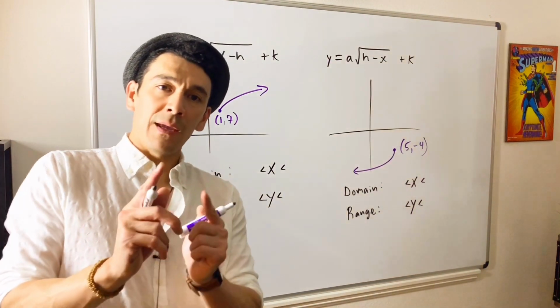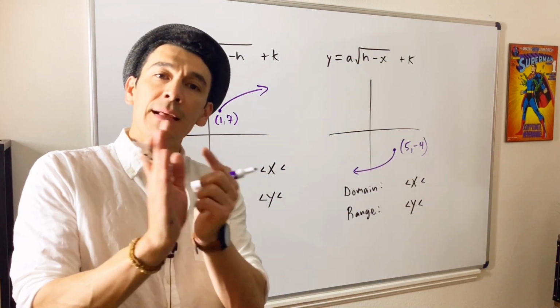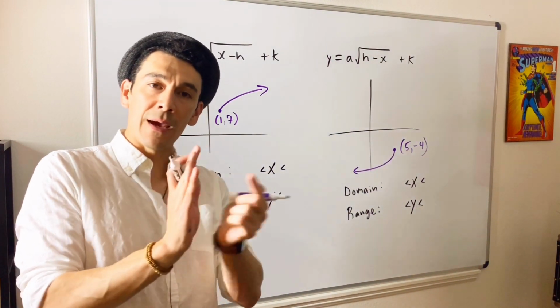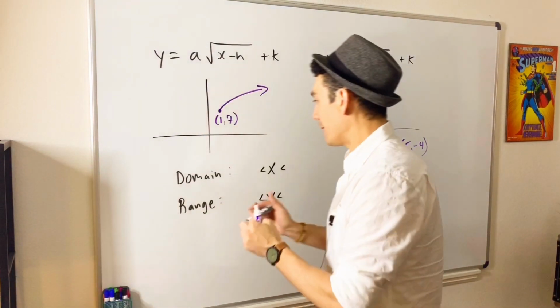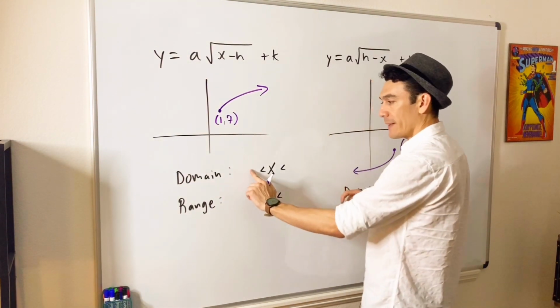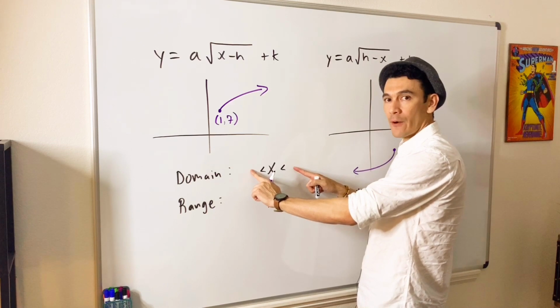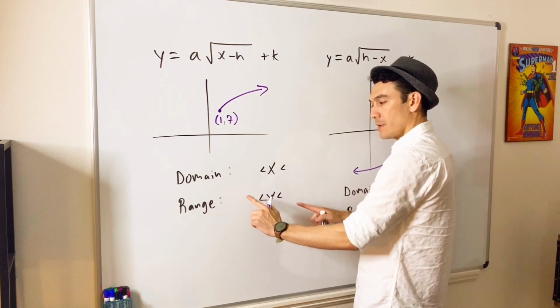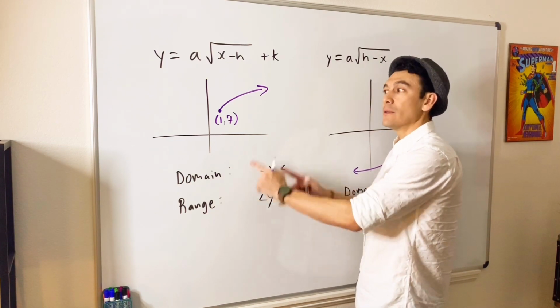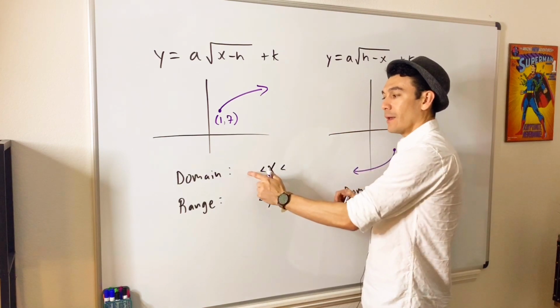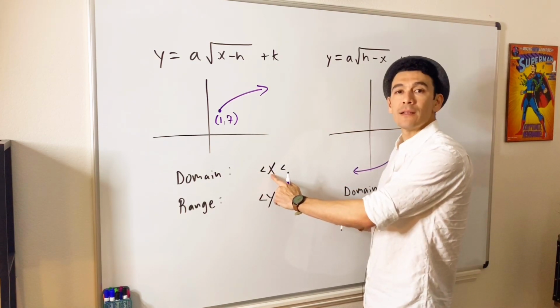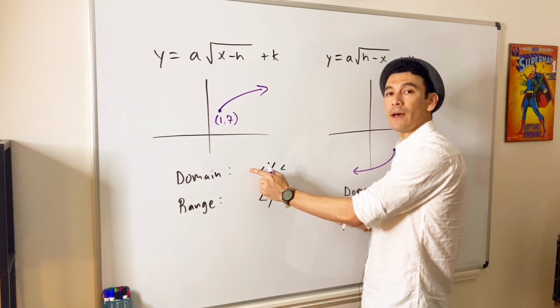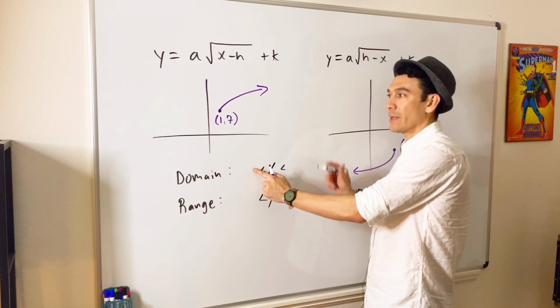So for domain, it's a matter of looking at the x's, and for the range, it's a matter of looking at the y's. And for domain, here you tell me how far left versus how far right. For range, you tell me how low to how high. So looking at this graph here, looking at only the x coordinates, how far left does the picture extend?